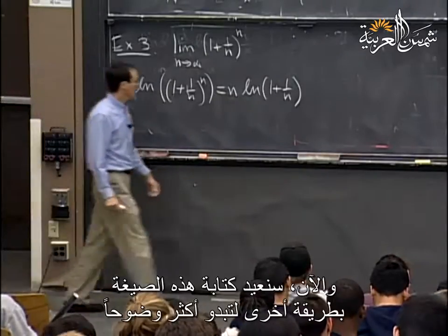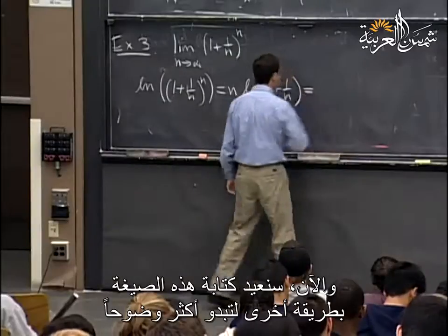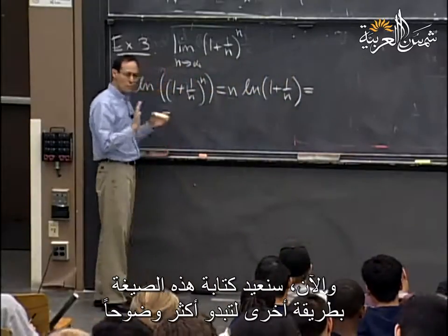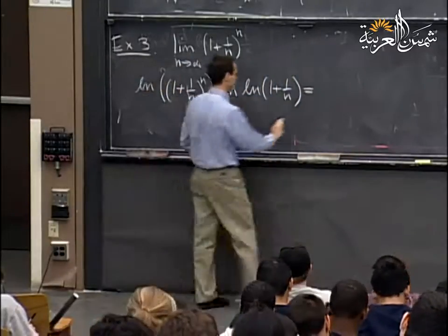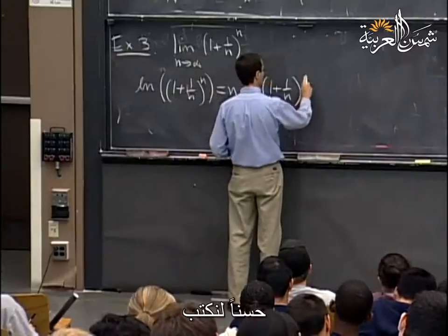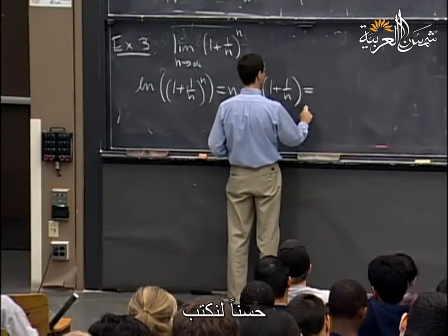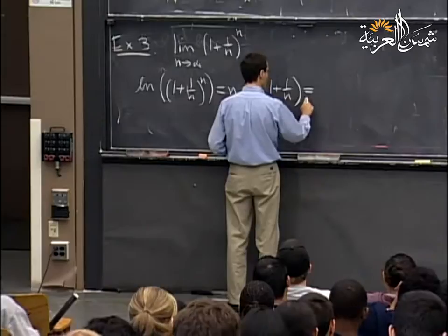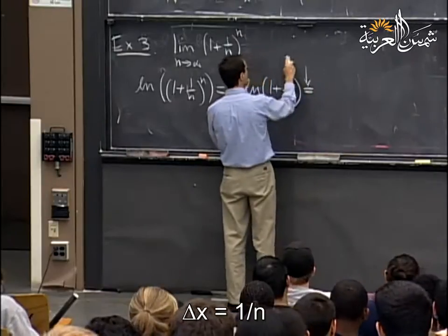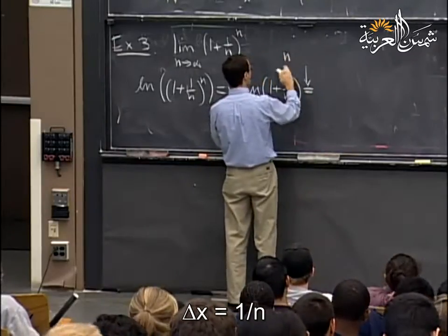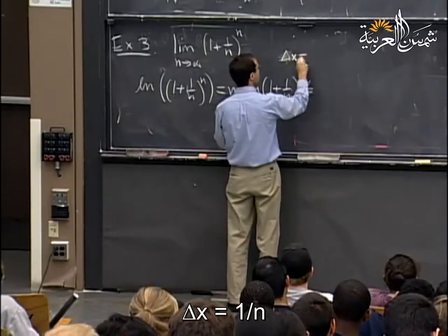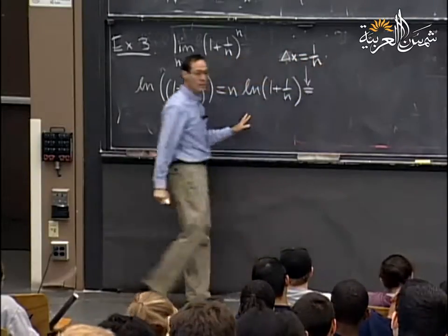And now, I'm going to rewrite this in a form which will make it more recognizable. I'm going to say delta x is equal to 1 over n. All right?